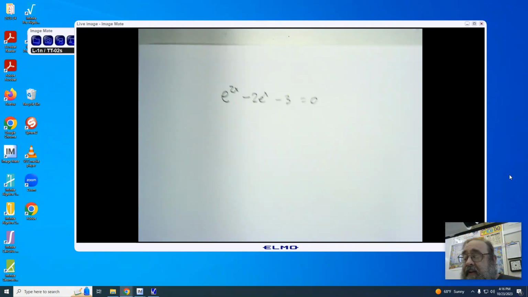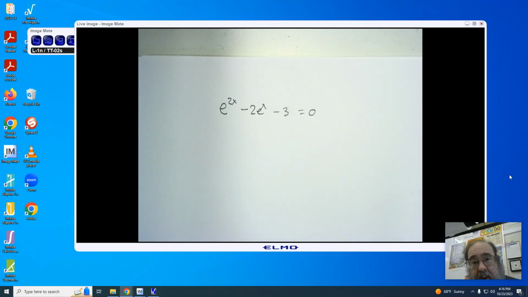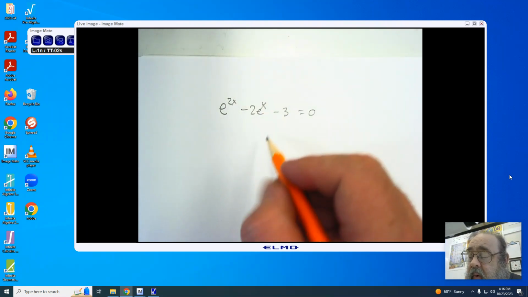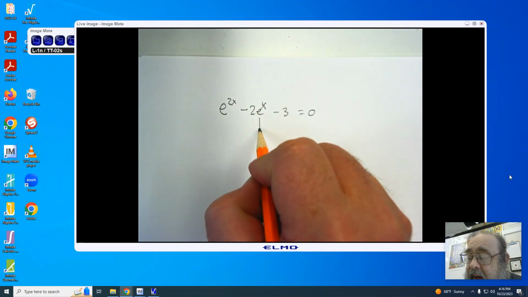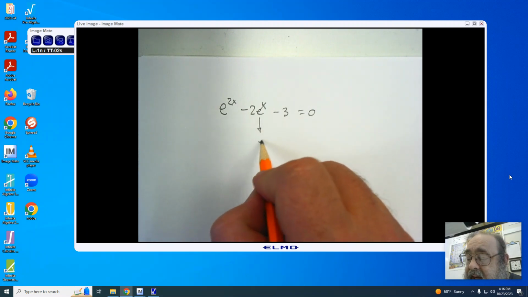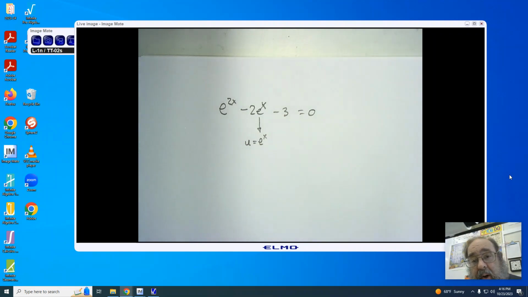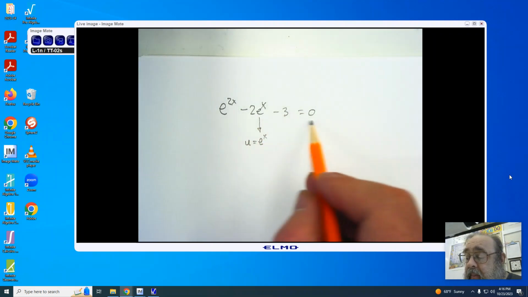Now, you might look at this and say, hey, wait a minute, I don't know what to do. But I'm going to tell you right now that this is a quadratic form. The reason it's quadratic form is if I take a look at the middle term, and I use the exponential in the middle term, and I call that u, I'm now going to look for u elsewhere in the problem.